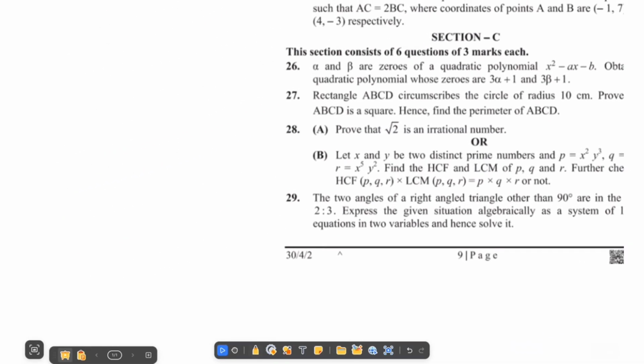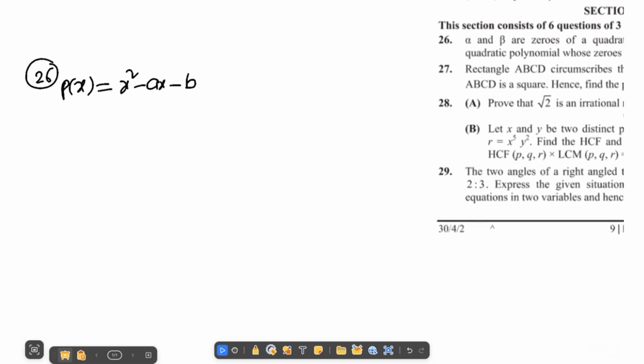So what is the given polynomial? The given polynomial is p of x is equal to x square minus ax minus b. Let's compare this with the general quadratic polynomial. What is a general quadratic polynomial?